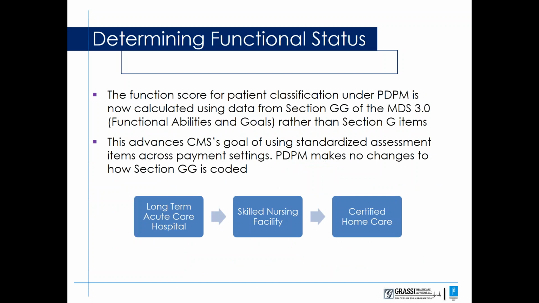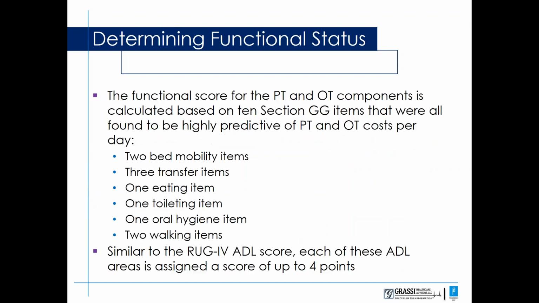The functional assessment, the section GG, is the same questions that are being asked in long-term care acute hospitals, skilled nursing facilities, and also in home care. That's why they give you a separate section GG and not just rely on the traditional section G.